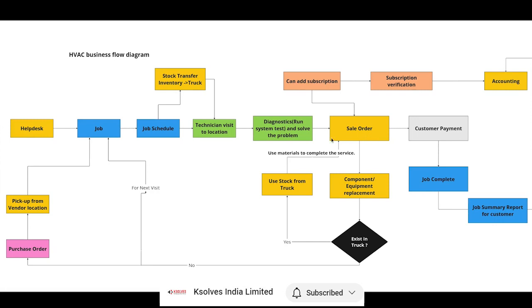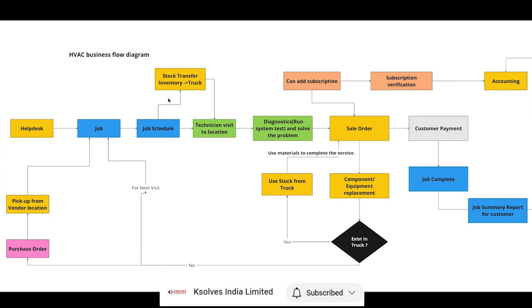Let's suppose while doing the diagnostic, we found that a component replacement is required. If that component already exists in the truck, we'll use the truck stock. But if this is one of the major components, then we will create a purchase order, and once the material is ready at the vendor location, we can pick it up from there, move it to our own inventory, and based on that reschedule a new job for the second round of fixing.